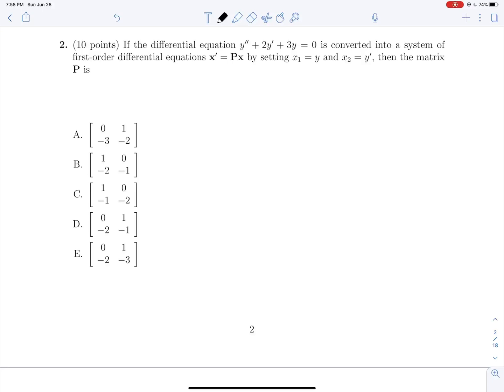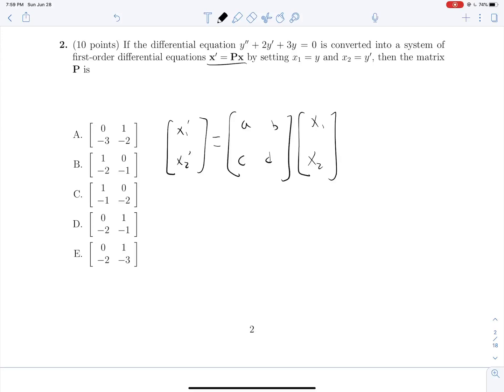If the differential equation given here is converted into a linear system of first-order differential equations by setting x1 equal to y and x2 equal to y prime, then what is the matrix P? So if we expand this system out a little bit, it will look like x1 prime, x2 prime is equal to a, b, c, d times x1, x2.